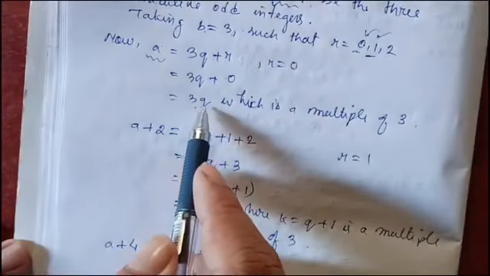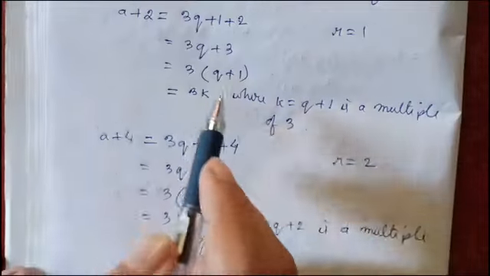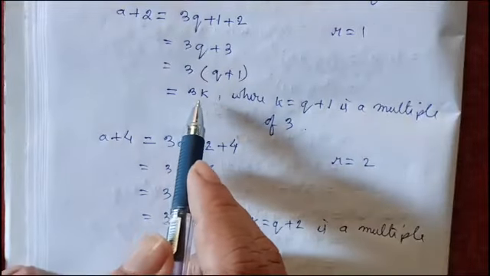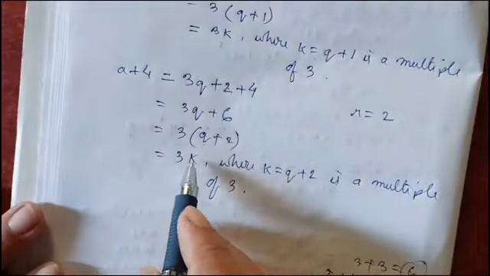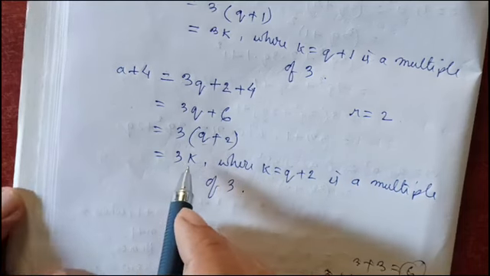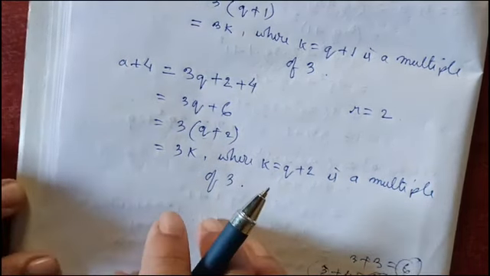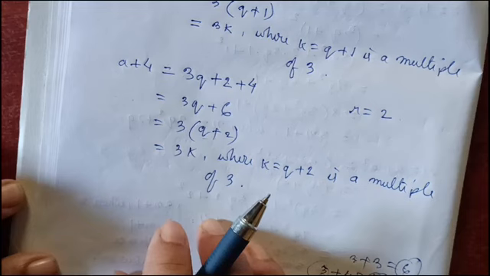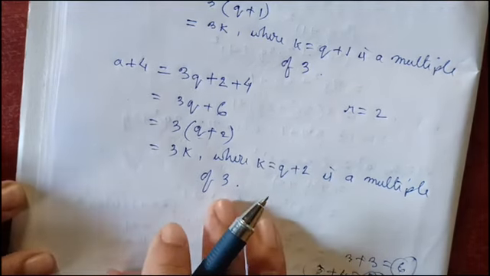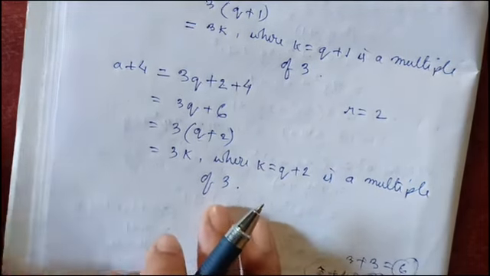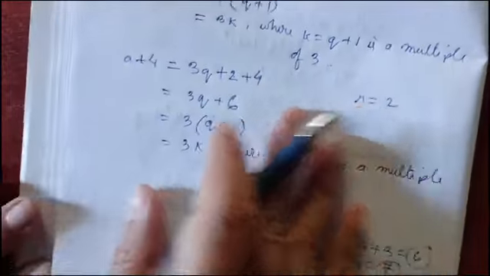Here also we get 3q, we can divide by 3. Here also we get 3k, we can divide by 3. Here also we get 3k, we can divide by 3. So these consecutive odd integers are multiples of 3.